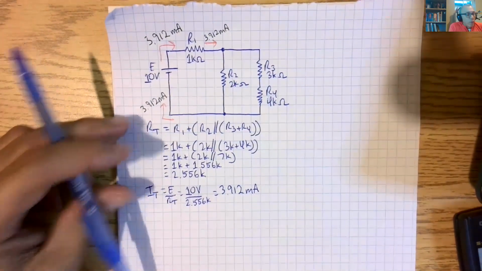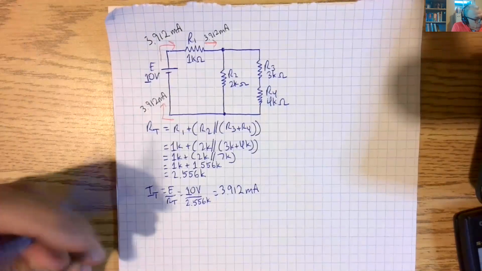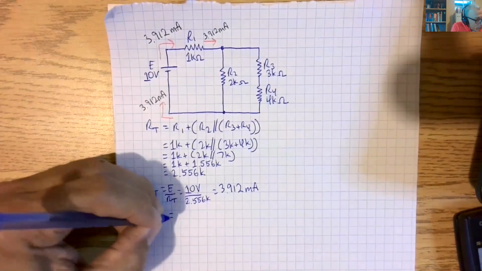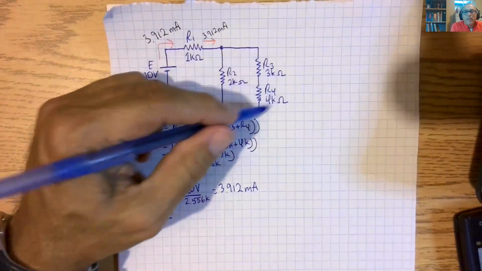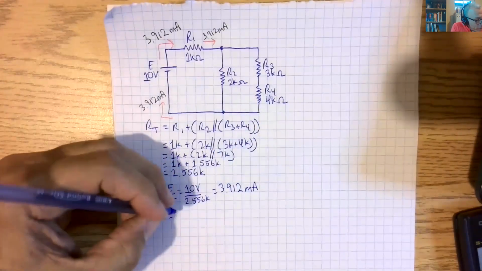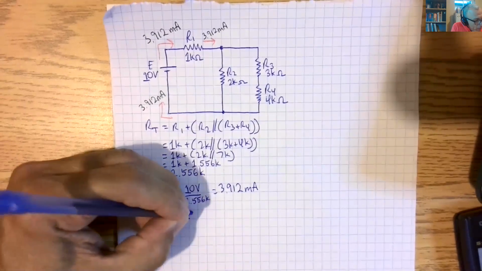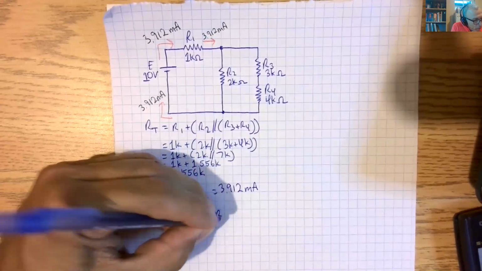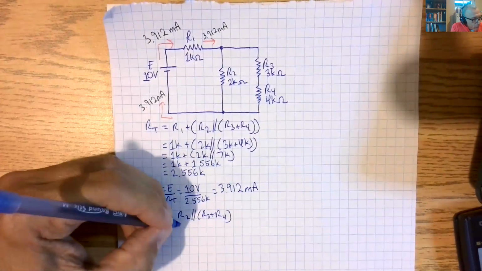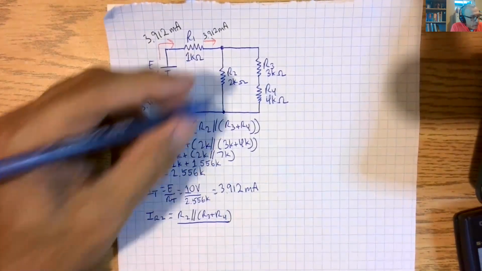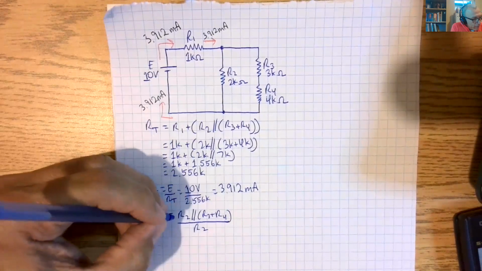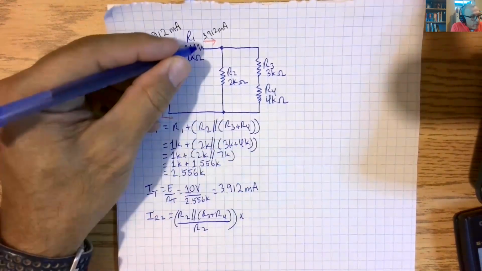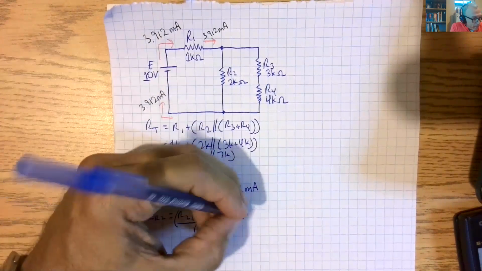Okay? So what we can do is we can say IR2 is equal to the resistance of this whole network, which is R2 in parallel with R3 plus R4, over R2, times IT coming in.